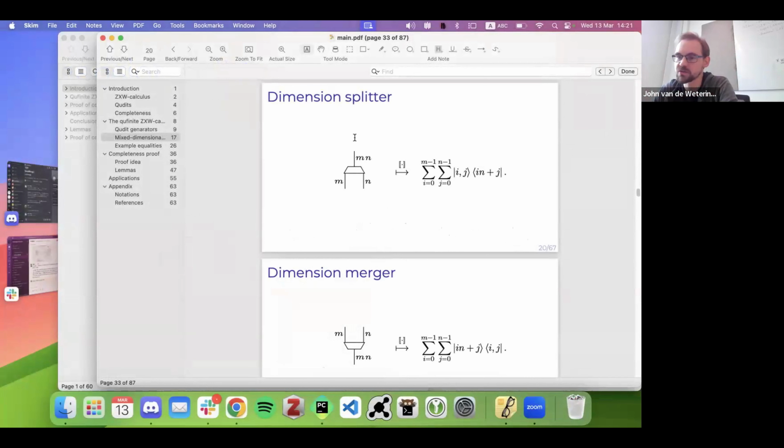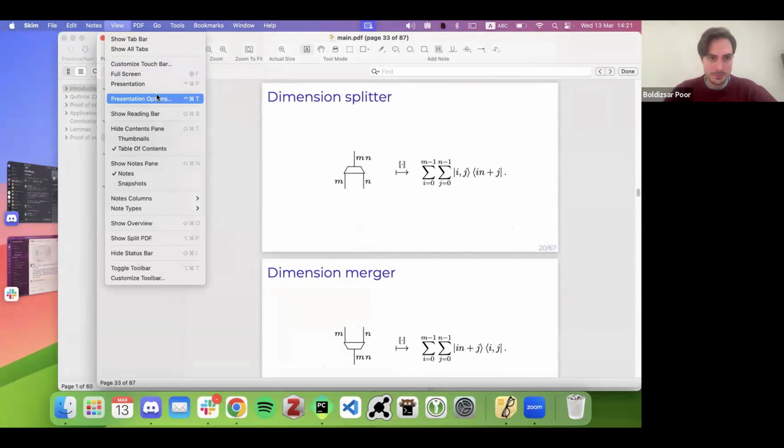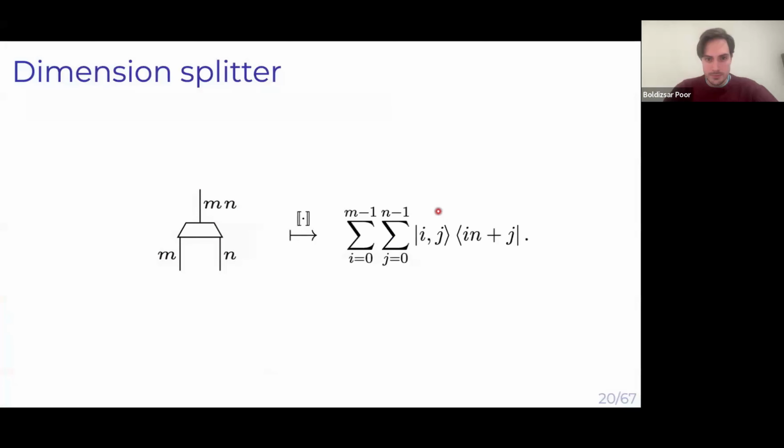Does this give you a kind of interesting map, or is this sort of trivialized? So that's not going to be the identity. So if you have this diamond, I'm going to go back to the presentation mode. So if you input, can I draw here? I'm not entirely sure.